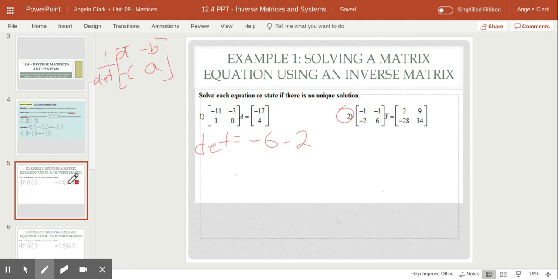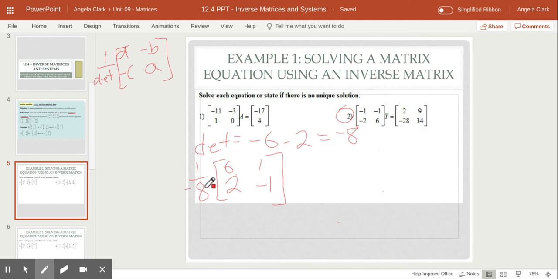So negative 2 equals negative 8. So that's my determinant. So I have 1 over negative 8 times, I'm going to switch the locations of the negative 1 and the 6. So I get 6 and negative 1, change the signs of the negative 2 and the negative 1, so 2 and 1, and that is my inverse.